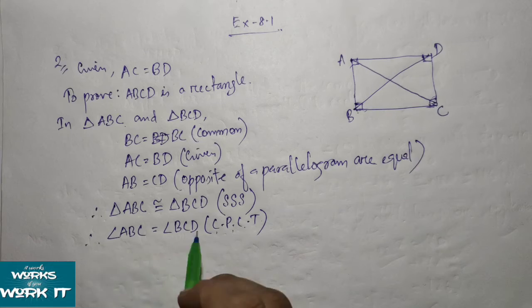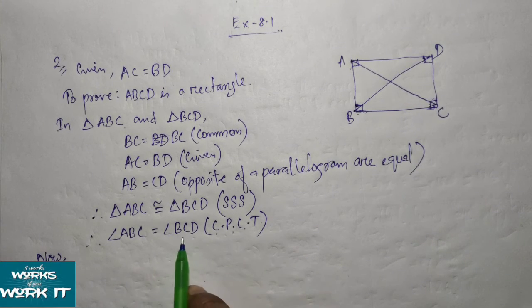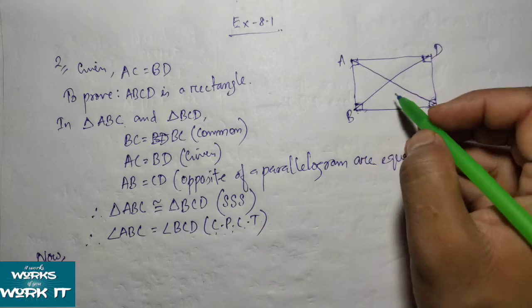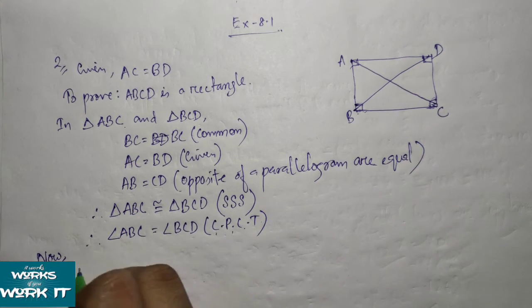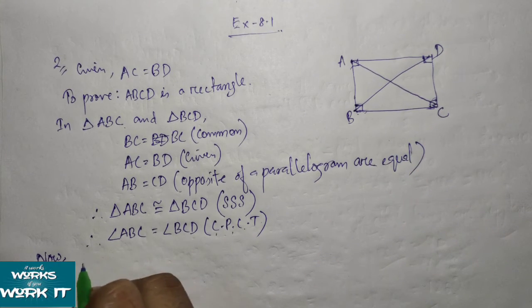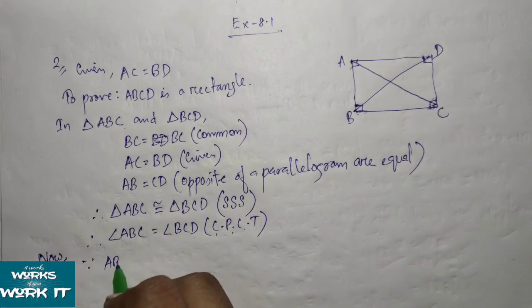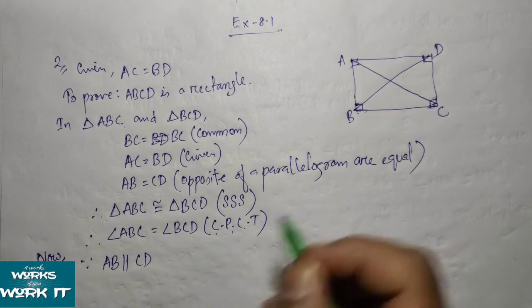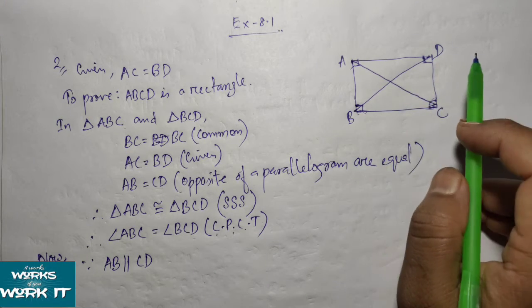Now, using the result of this, we need to remember another theorem that we can use. Since AB and CD are parallel. Why are they parallel? Because ABCD is a parallelogram, and in a parallelogram opposite sides are parallel and equal.